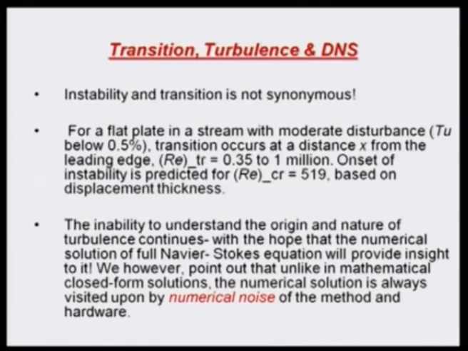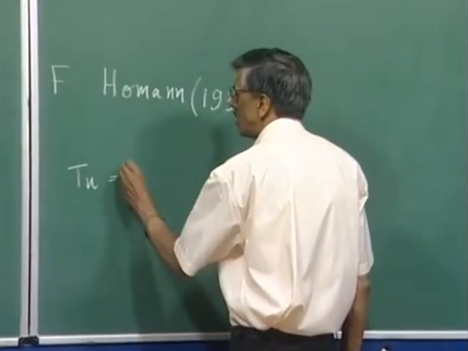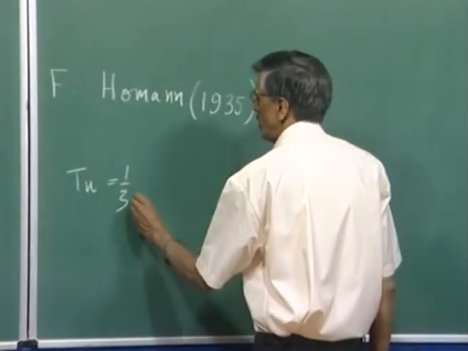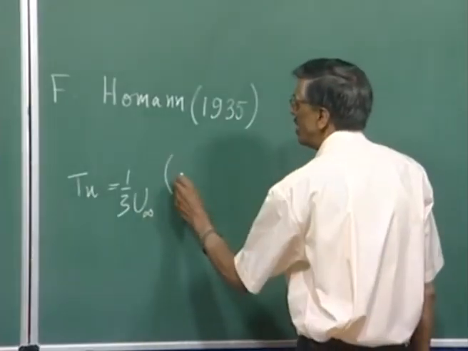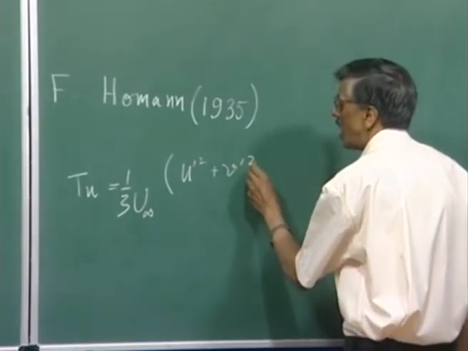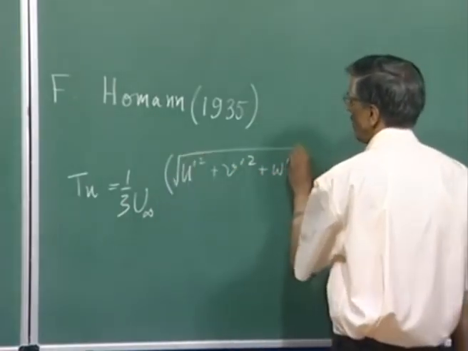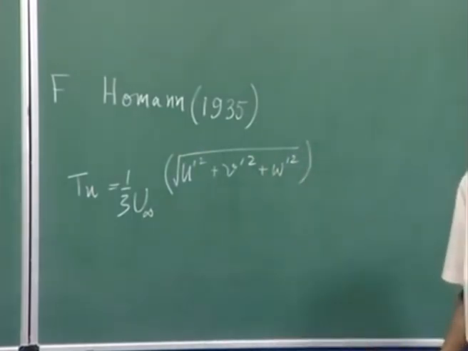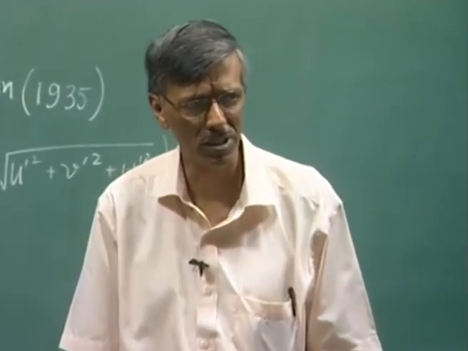Turbulent intensity is defined as the following: if you have a uniform flow u infinity, and then you measure the disturbance quantities u prime, v prime, w prime, you look at it, and that is your turbulent intensity. So, it is basically a non-dimensional RMS fluctuation of the flow field.